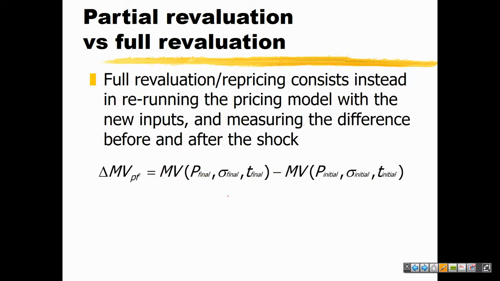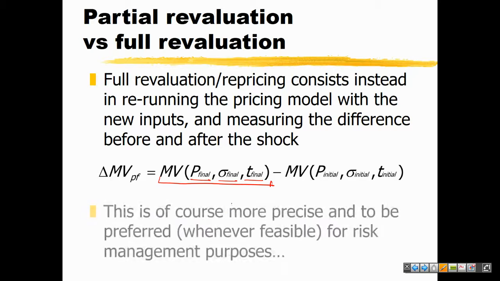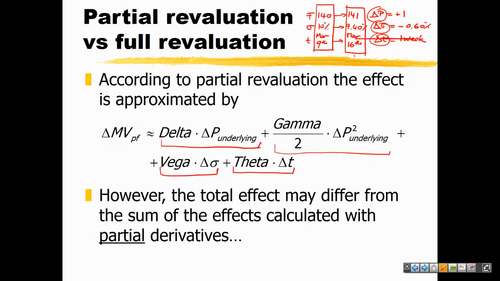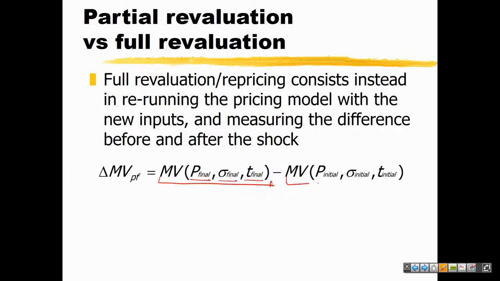So you take the difference between the market value calculated with the pricing model with the final price, final volatility, final time, which would be this column, the final, minus the price that you calculate with the same pricing model based on the initial values of all the variables. If you want an analogy, it's the same story as for bonds.